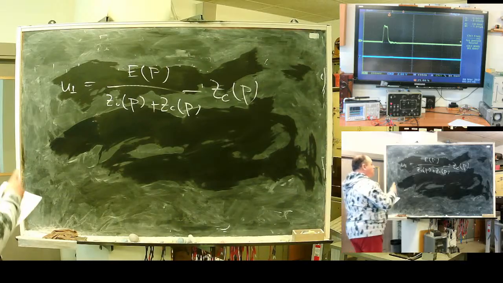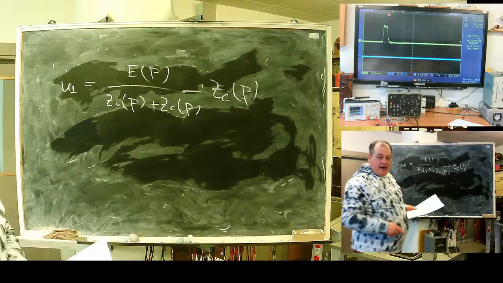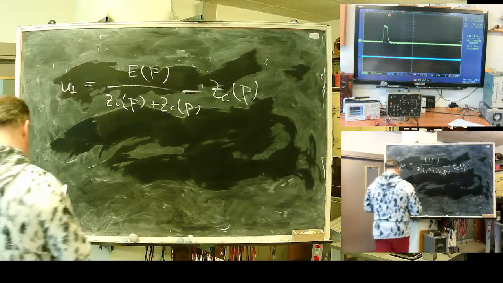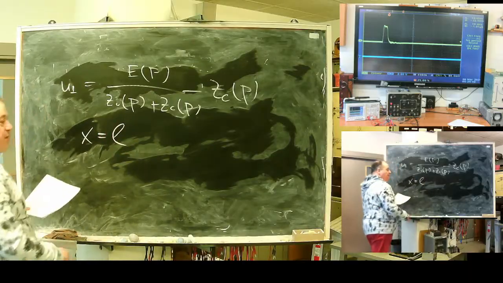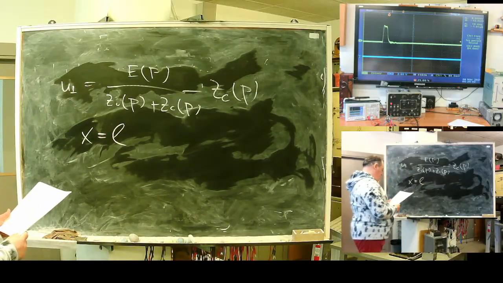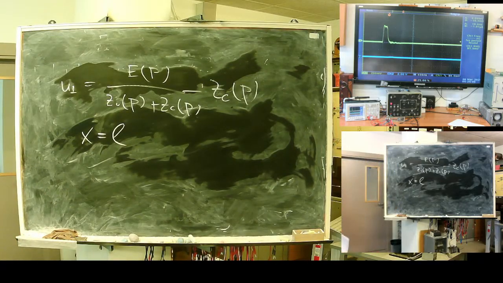What will happen? The wave propagates, propagates, propagates, reaches the end of the line. At the moment x equal to L, the propagating wave reaches the end of the line, and something will go backward.